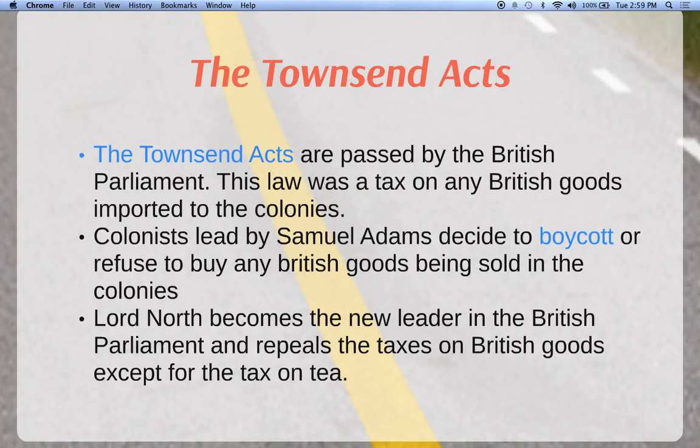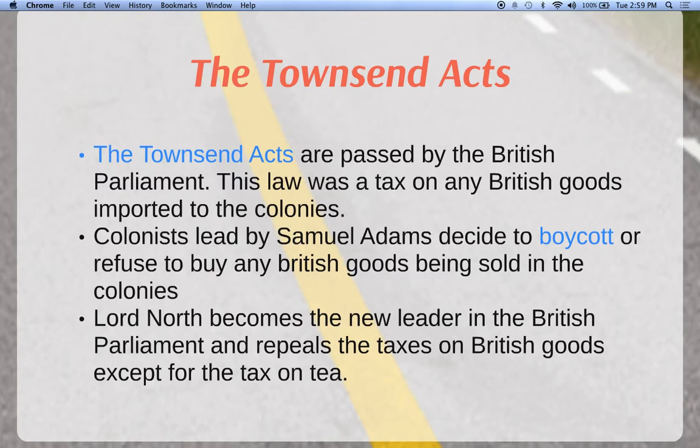We have the Townsend Acts. This is another law that was passed by the British Parliament or their government. This is a law on anything that Great Britain was sending and selling in the colonies. Okay, colonists said this is ridiculous. We need these things: glass, paint, other stuff that Great Britain makes.